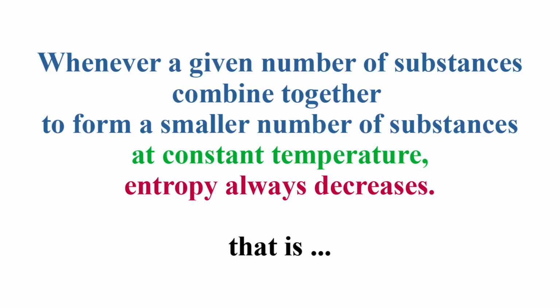As was mentioned in part 1b, it is known at the macroscopic level that whenever a given number of substances combine together in a chemical reaction to form a smaller number of substances at constant temperature, the entropy always decreases.